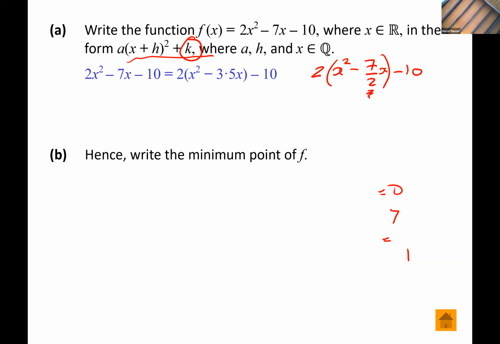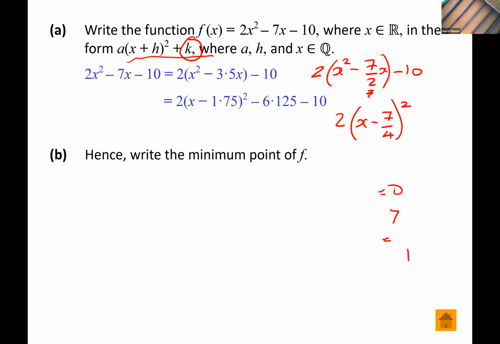What's the value? We already saw when we did it with calculus, it's 7/4 that we want. Half of 3.5 is 1.75 or 7/4. So we can write it as x minus 7/4 all squared.